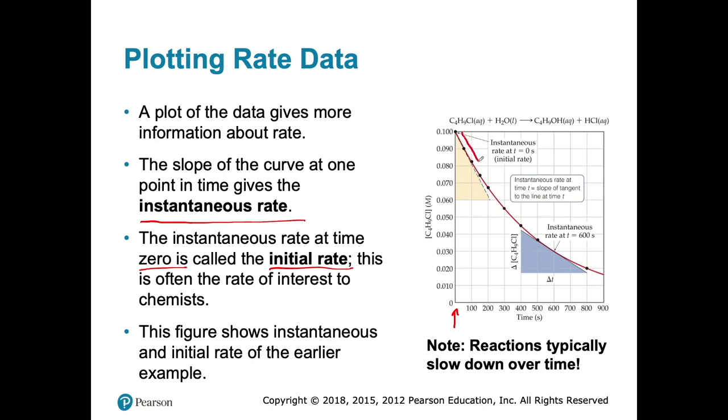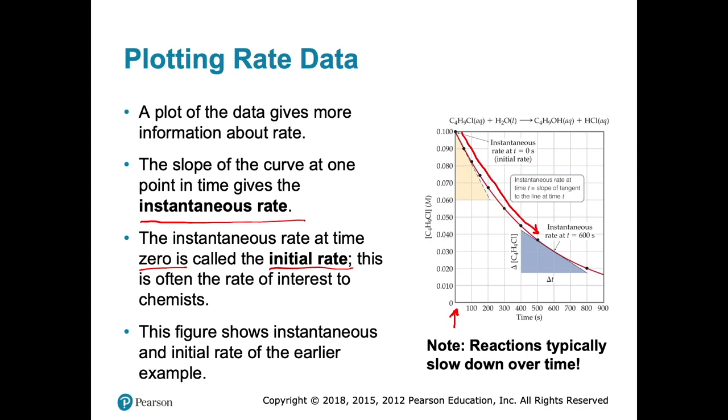As the reaction progresses, the reaction rate slows down. A chemist who wants to see the reaction's fastest rate would get the instantaneous rate at point zero, right when we first start the reaction.